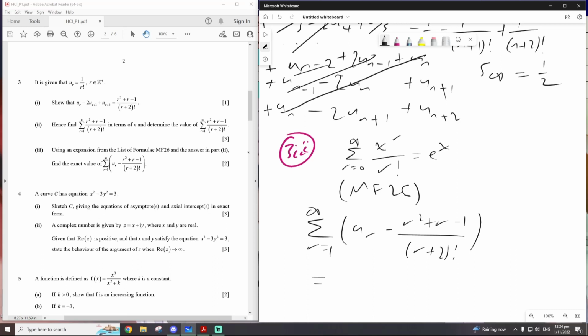It's the case where x is 1, because no matter what the value of r is, the top will always be 1. So you will get the case e to the power of 1, but this starts from 0. And we want to exclude 0 for our sum, so it's e minus 1. So you get e minus 1 minus half, because this sum to infinity of the latter part is half, as we earlier determined. So this is e minus 3 over 2. Okay?